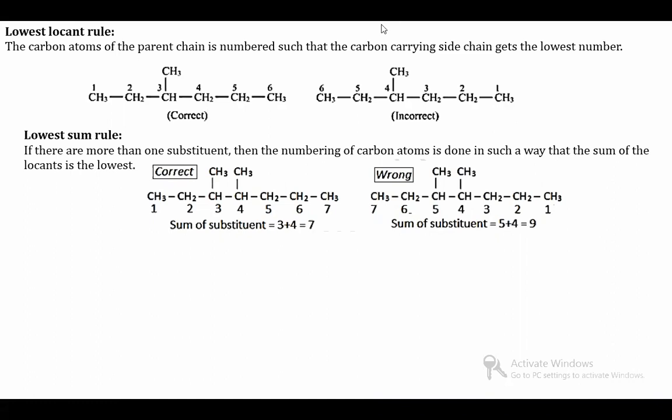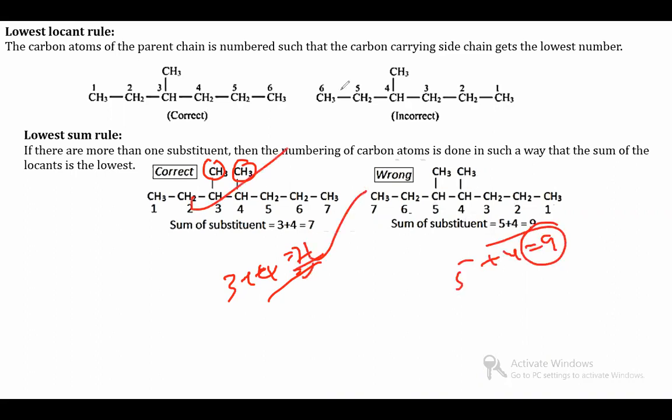In the first one, if we number from this side, 1, 2, 3, third carbon and fourth carbon, so 3 plus 4 is equal to 7, right? Similarly, numbering from this side, 1, 2, 3, 4, 5, 4 plus 5 is equal to 9. So the lowest value is correct. Lowest sum rule.